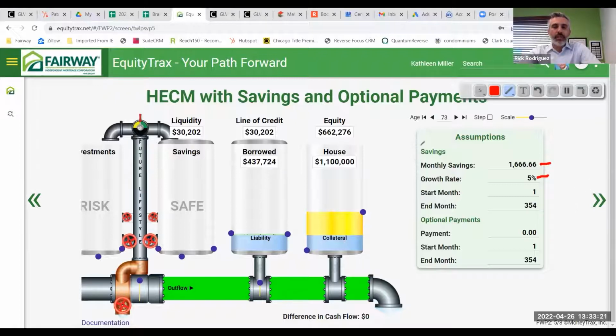And so in this next scenario I'm going to show you, we're going to see again the tanks and how they react and change in this second scenario with someone making the payments towards their savings, their nest egg, instead of a mortgage.